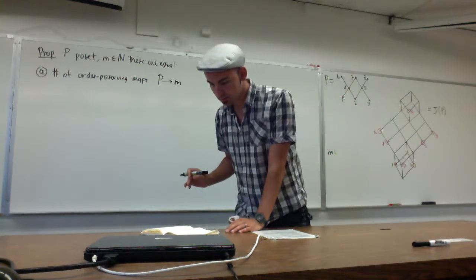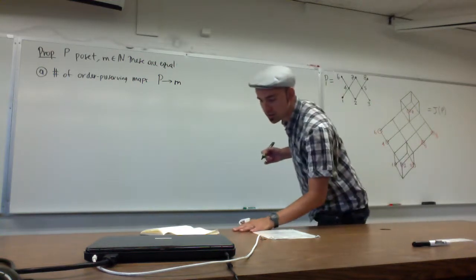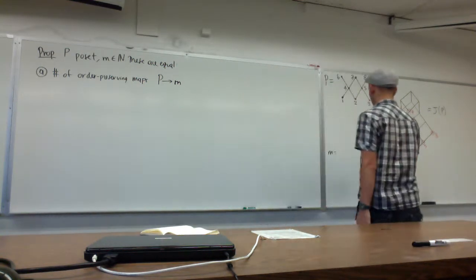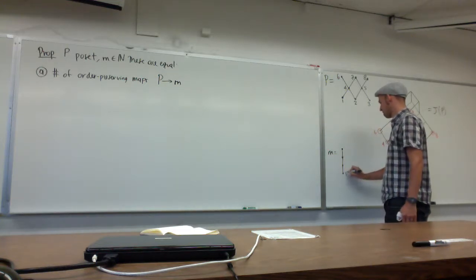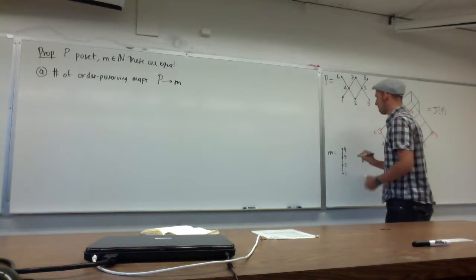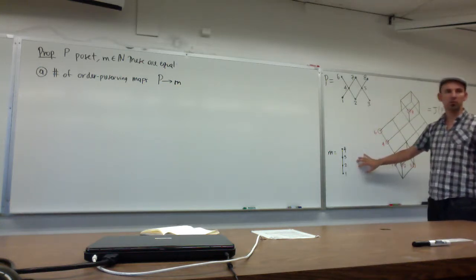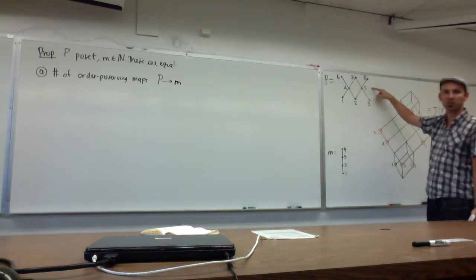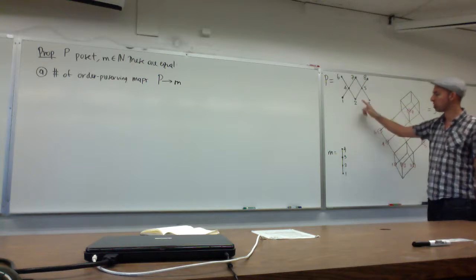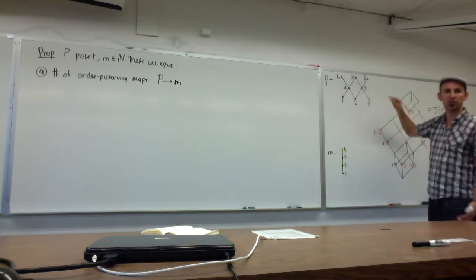Let's see, what's the m that I want here? So maps from here to here which preserve the order, meaning that if, for example, vertex 2 is less than vertex 5, then you should assign to vertex 2 a number less than or equal to the number that you assigned to 5.